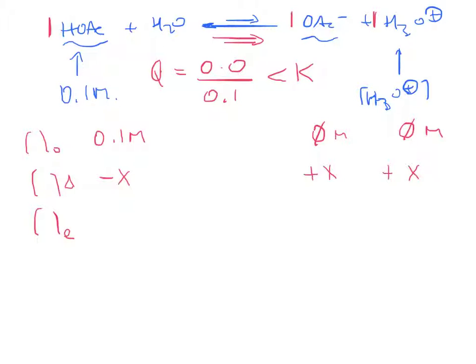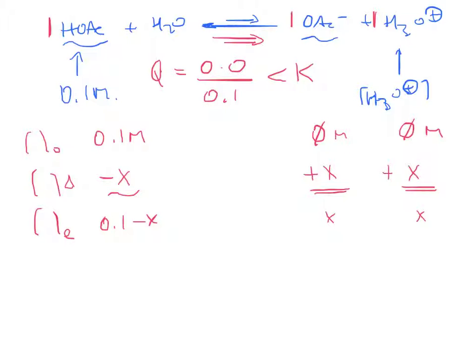And so the amount by which the acetic acid concentration decreases is exactly equal but opposite to the amount by which the concentrations of acetate ion and H3O plus are increased. And so at equilibrium, we have 0.1 molar minus x, and x, and x.